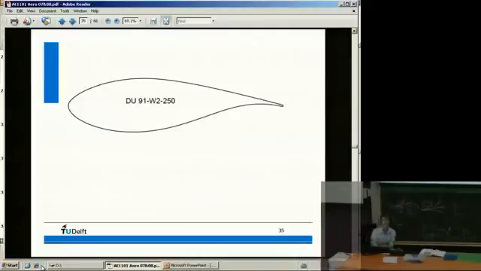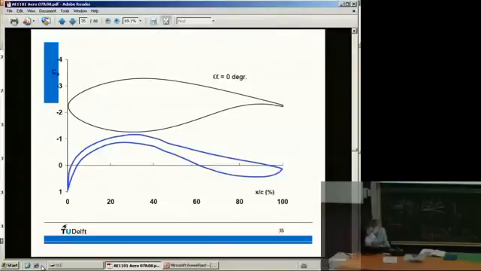So for example, Nando Timmer, who's teaching the Dutch class, is a wind turbine aerodynamicist, and he designed wind turbine airfoils. And this is an example of a wind turbine airfoil designed here at Delft, DU W91. This is the pressure contour at zero angle of attack.